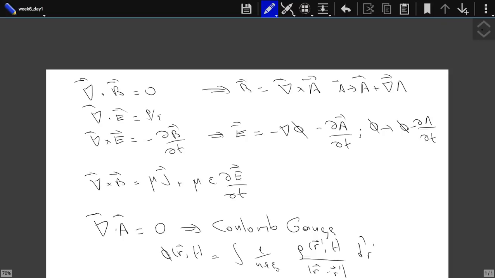Now, why do we make that choice? Well, basically, we are defining the electric and magnetic fields in terms of the scalar and the vector potentials, but for a given electric and magnetic field, the choice of the scalar and vector potential is infinite. There are infinitely many of them. Now, eventually we will be writing differential equations for phi and A, which we would like to solve for.